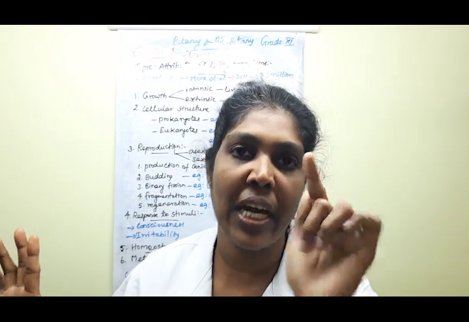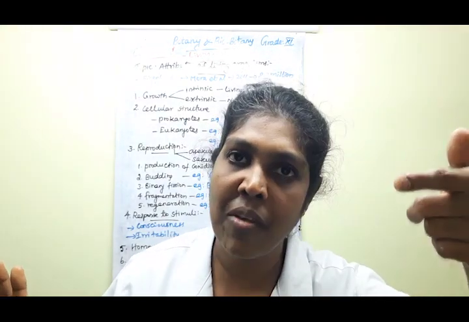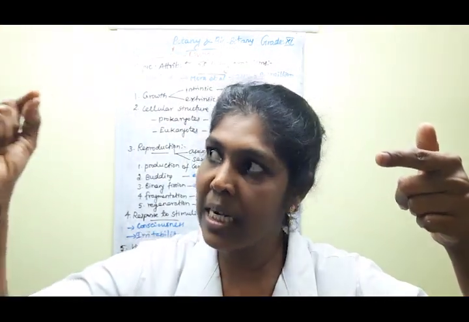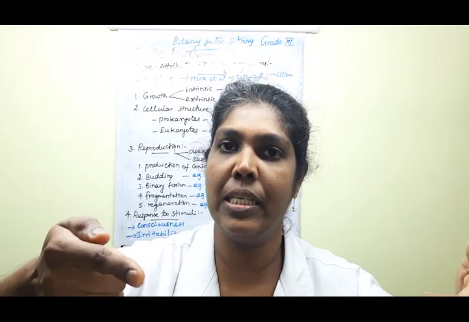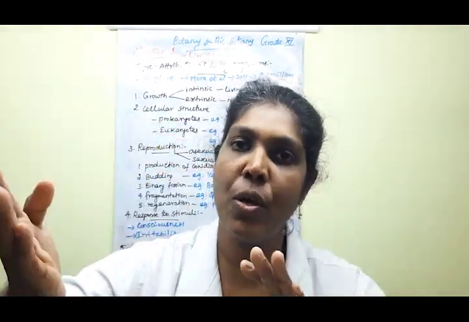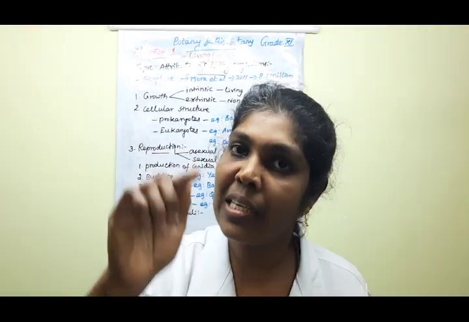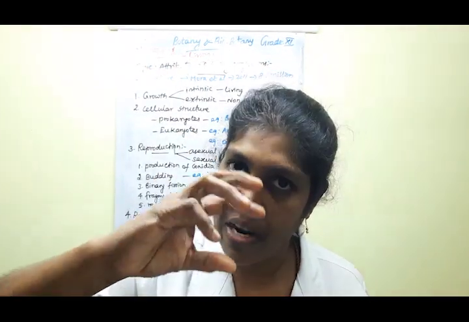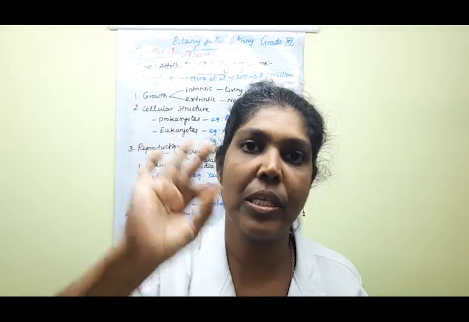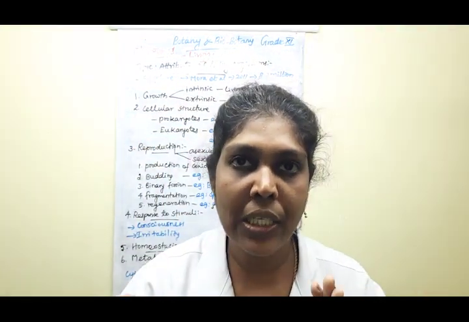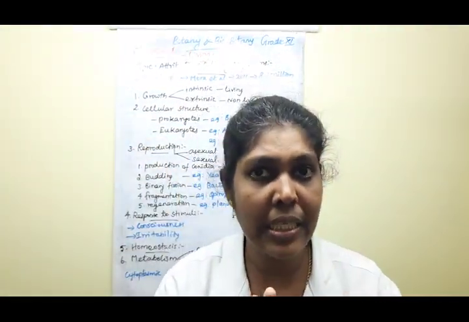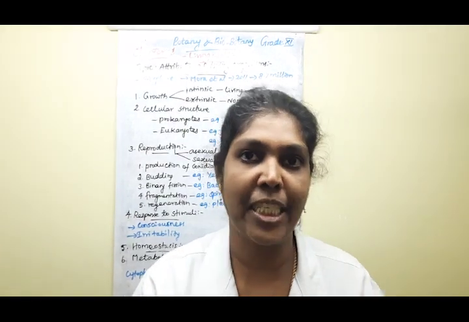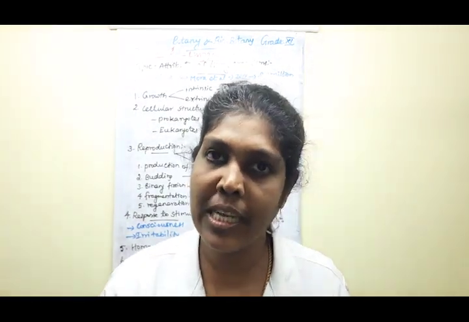This type of response, which plants give based on a stimulus, is known as irritability. Are you clear, children? What do you mean by consciousness and what do you mean by irritability? Say yes or no?